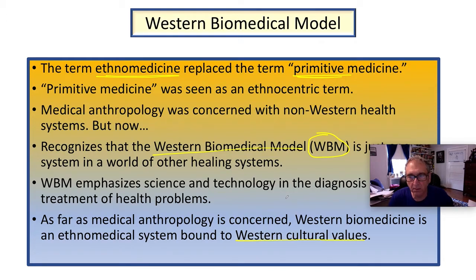Well, I'll tip my hand a little bit here and say, they all work. To some extent they all work, for various reasons. And anthropology was trying to get away from the ethnocentrism of calling what non-Westerners did primitive medicine.